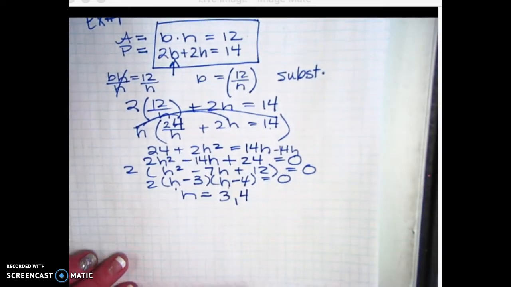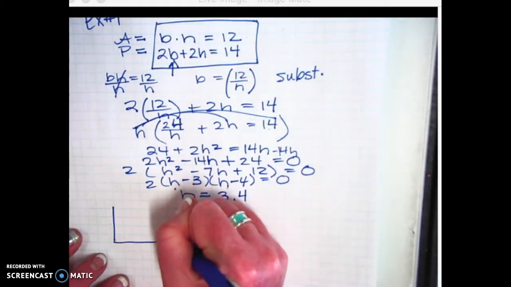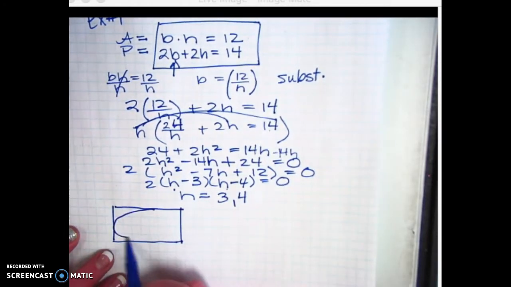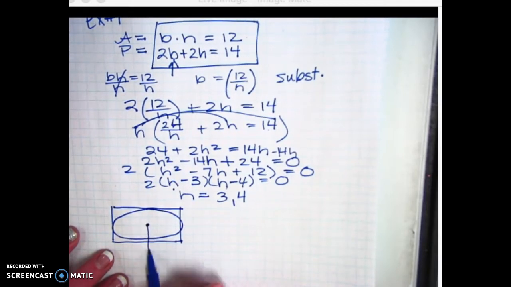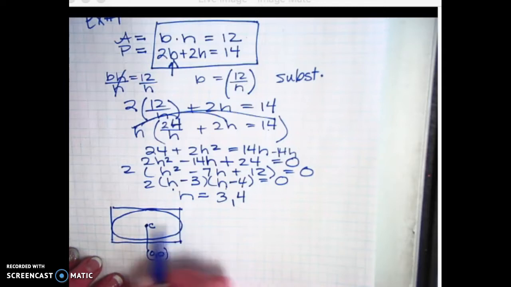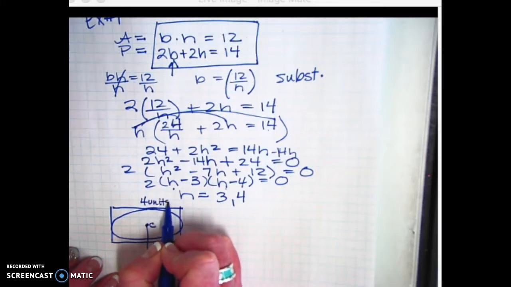Okay? So back to the original question, which was, you have an ellipse drawn inside of a rectangle, right? And it's centered at 0, 0. So here's your center. The center is at 0, 0. The horizontal stretch is 4 units.